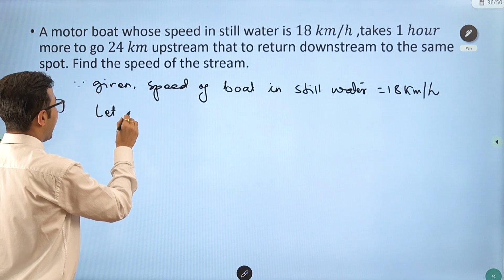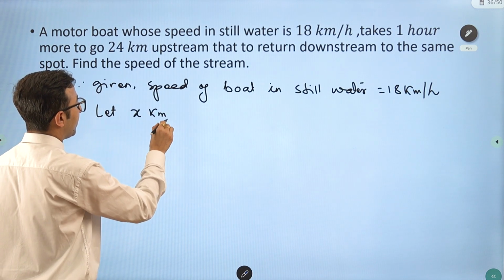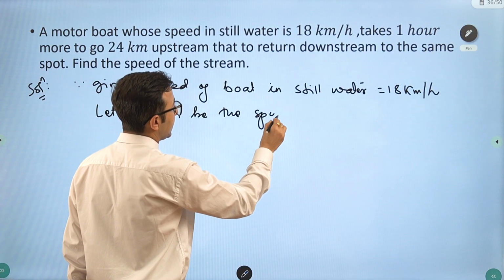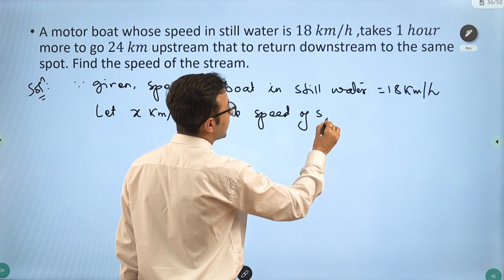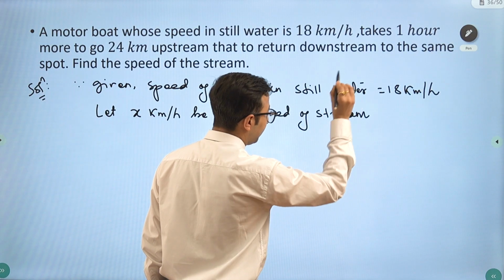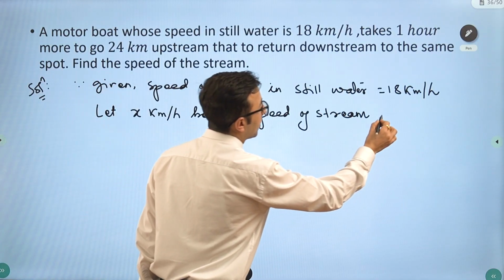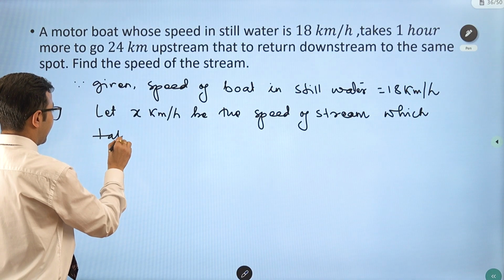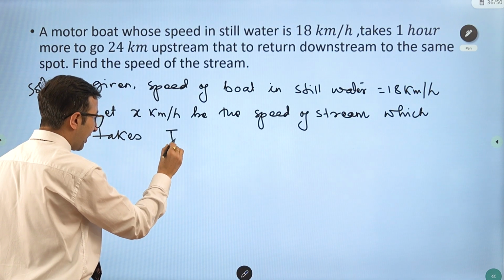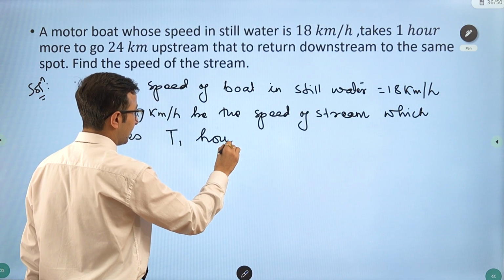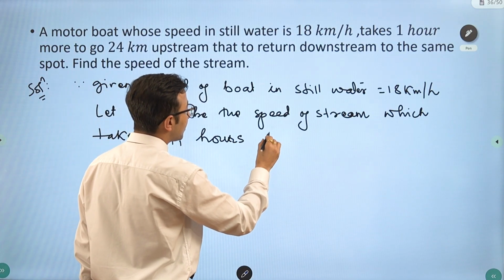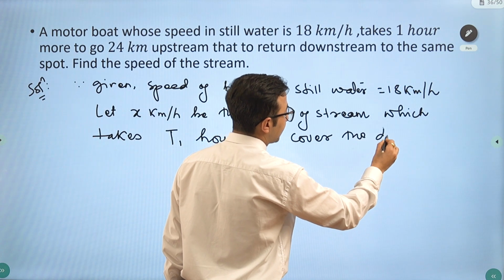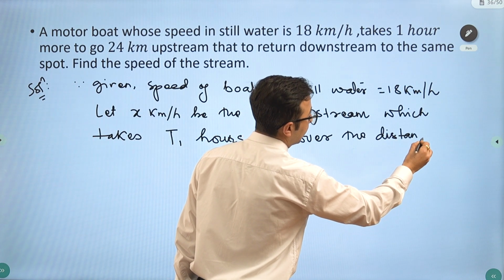Let x kilometer per hour be the speed of stream, which takes T1 hours to cover the distance. What is the distance?